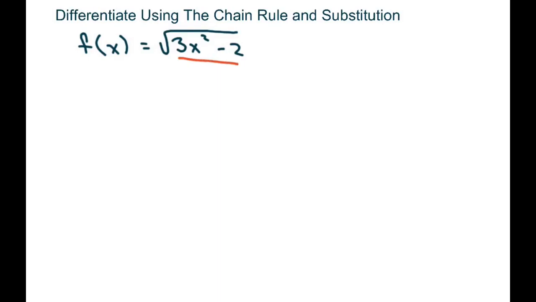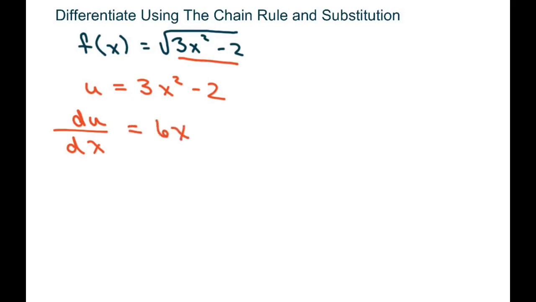So I'm going to let u equal 3x squared minus 2. And when I differentiate that, the derivative of u with respect to x is 6x. So that's my inner function.